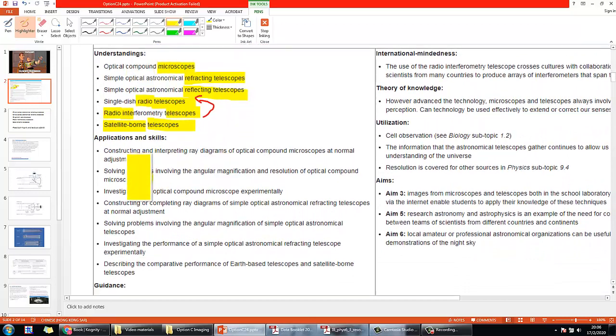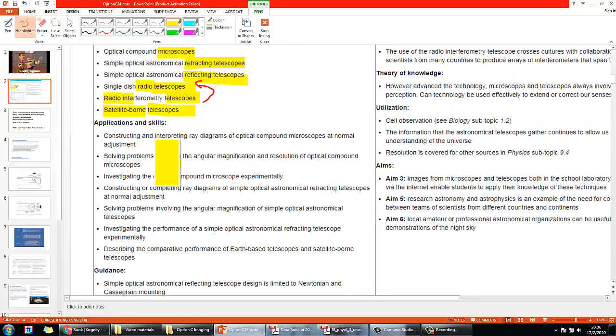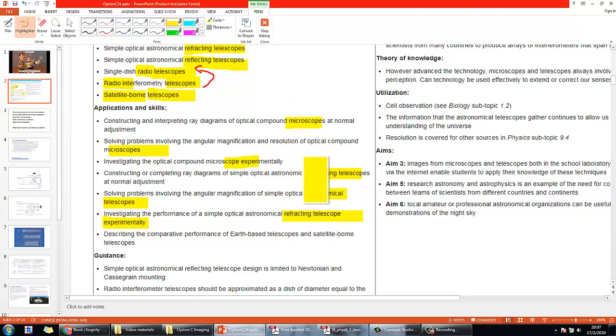If you look at the study guide, I can also put the link in the description for your reference. Other than that, for application and skills, we also of course learn about the microscope and the refracting telescope, which we talked about in the previous video.